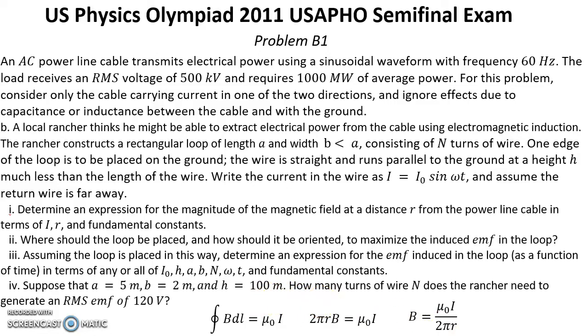So that's the answer. The loop must be in the same plane as the wire, and we need to put it below the wire and as close to the wire as possible. That's the solution.